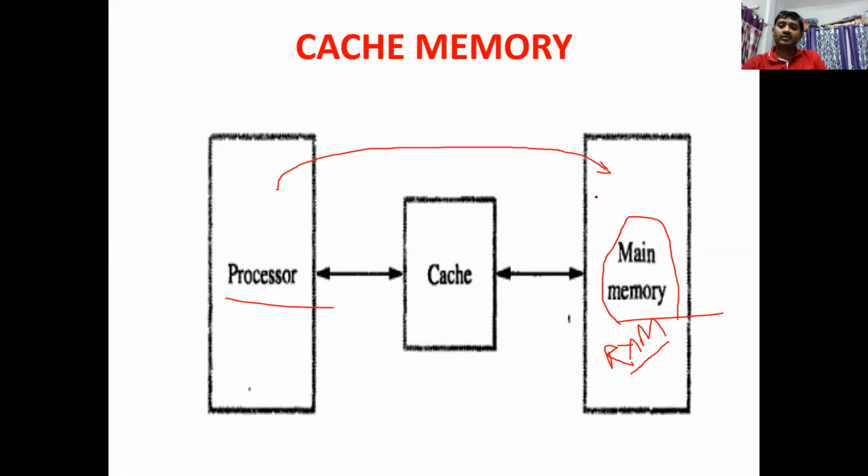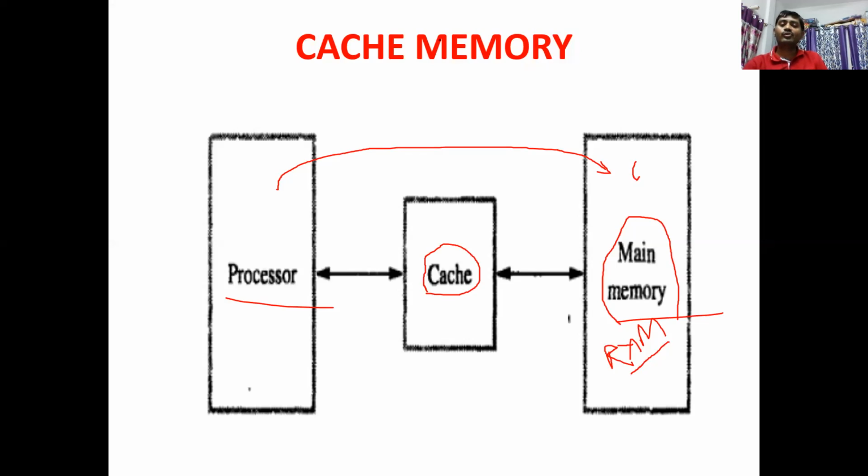The processing speed is very high, and the RAM may not be able to supply data at that speed. So what we do is use an intermediary memory called cache memory. Frequently referenced items will be available here. For example, if you open your browser and type G, automatically Google will be shown, google.com or gmail.com.